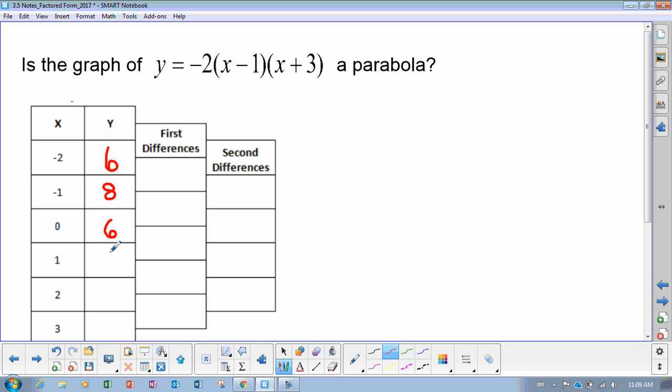I put in 1, we're going to have 0, because this middle bracket right here will have an overall value of 0, so everything will be 0. And I'm going to put in 2. So 2 take away 1 is 1. 2 plus 3 is 5. So we have 5.